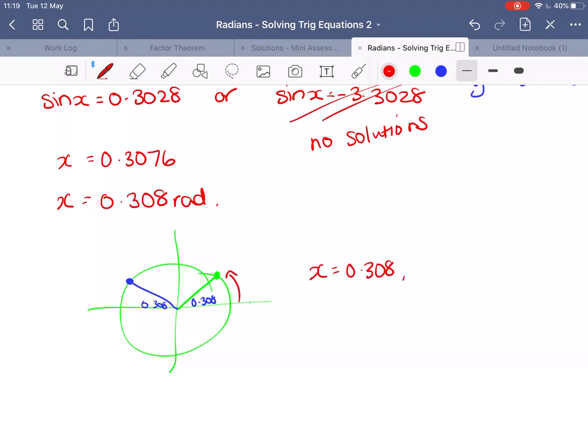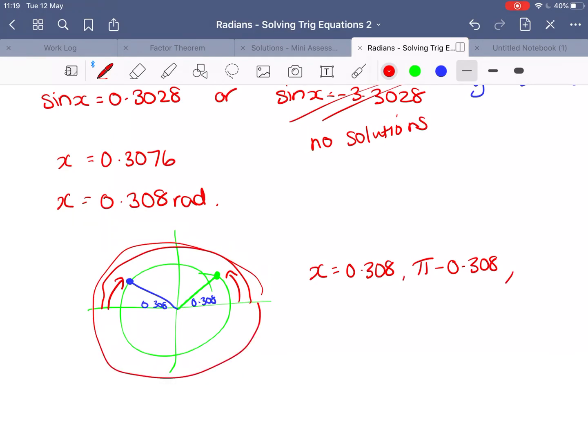We've got the second one, which goes to pi and comes back. So I've got pi minus 0.308 radians. And then we've got the third solution, which does a complete circle, which is 2 pi plus 0.308. But we've got a fourth solution because remember, we're going all the way from 0 to 3 pi.